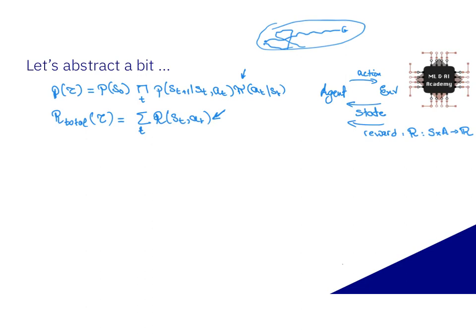So please understand that the reward of the trajectory is nothing but the sum of instantaneous rewards that you get along that trajectory. And please remember that the trajectory itself is a random vector, because that's why we had to define a density for that trajectory, P of tau. Consequently, if we are to measure the performance across tau, we need to handle that in some sort of stochastic manner.